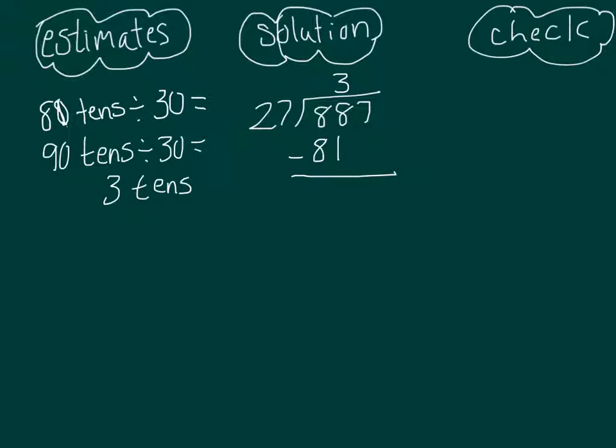Let's do our subtraction. We're going to bring this down. Now we've got 77 ones or 7 tens. Let's regroup it into 77 ones.